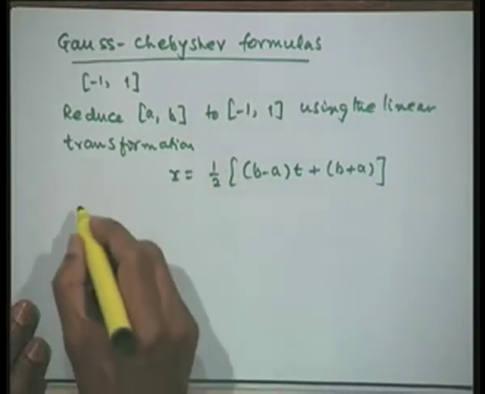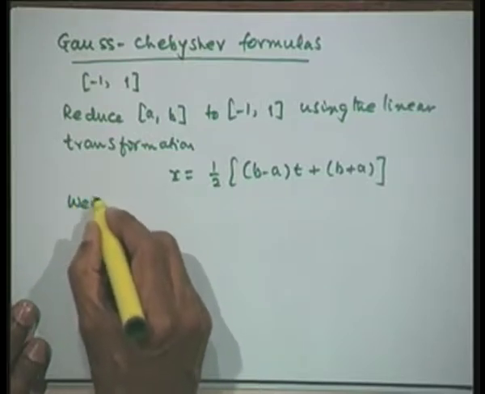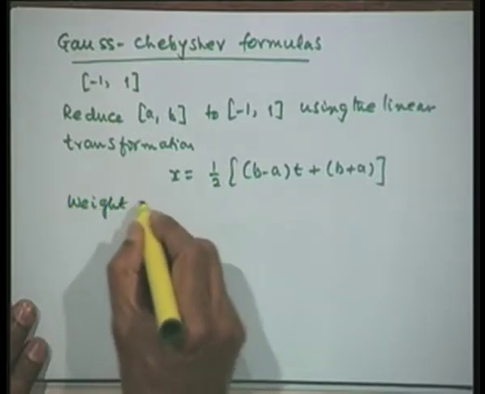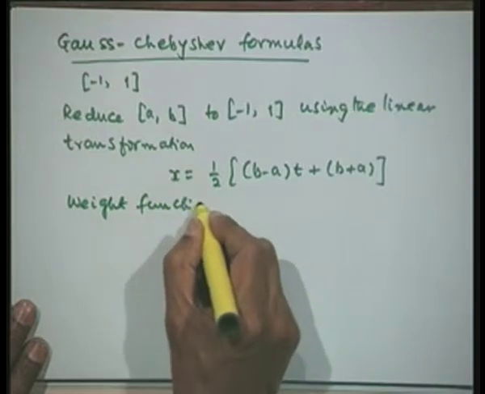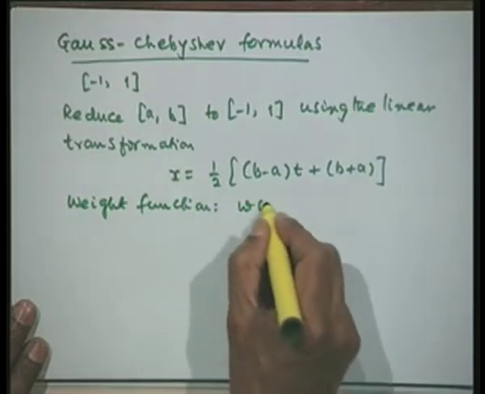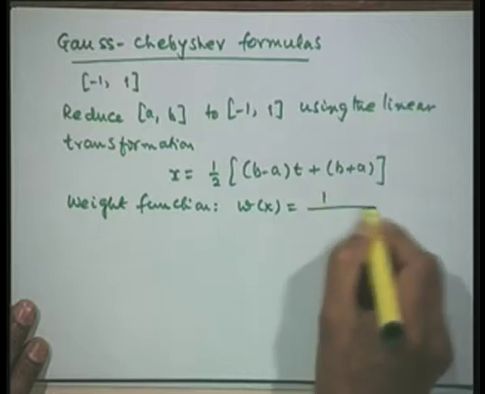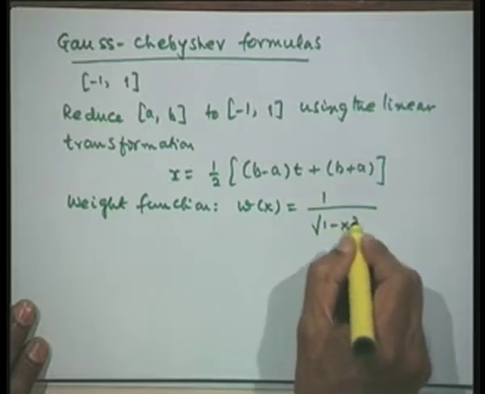Now, the weight function for the case of the Gauss Chebyshev formulas is the following: weight function w(x) is 1 upon under root 1 minus x squared.